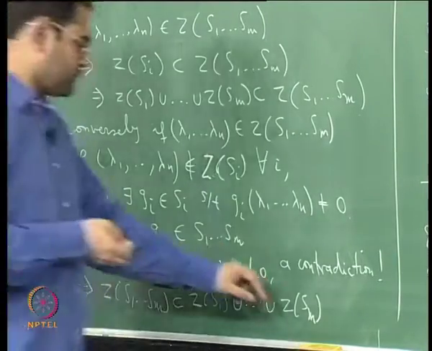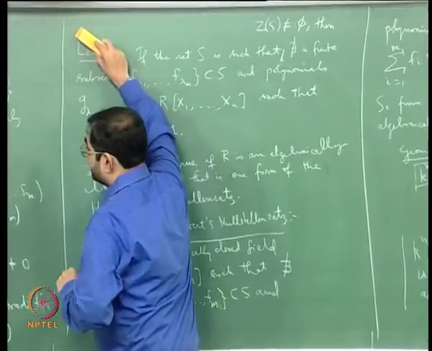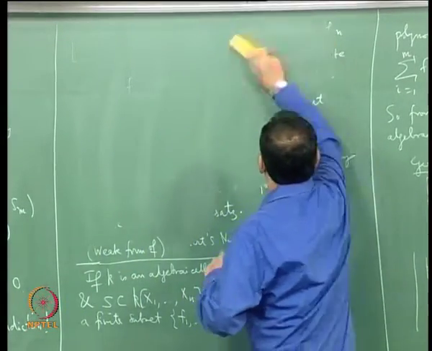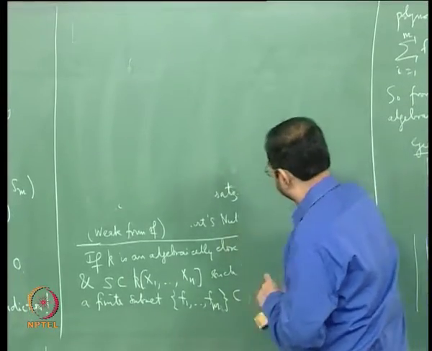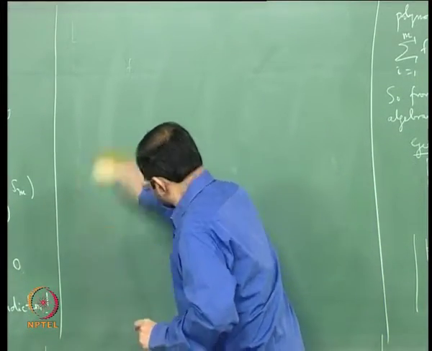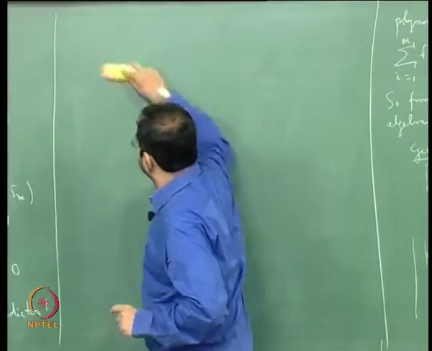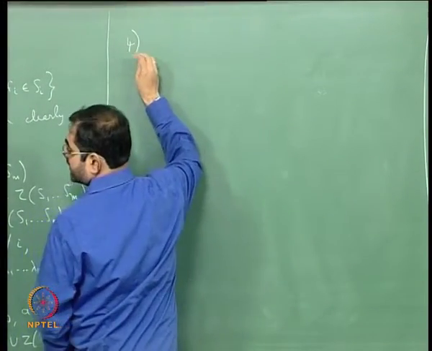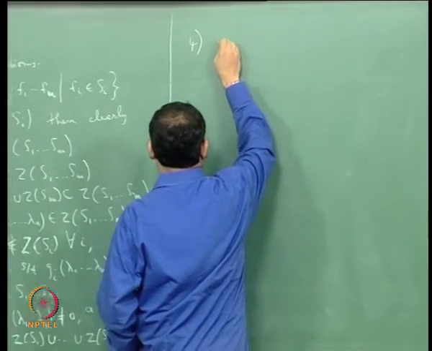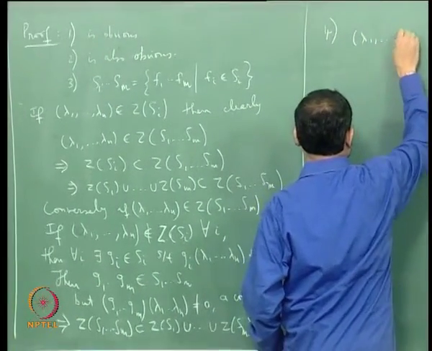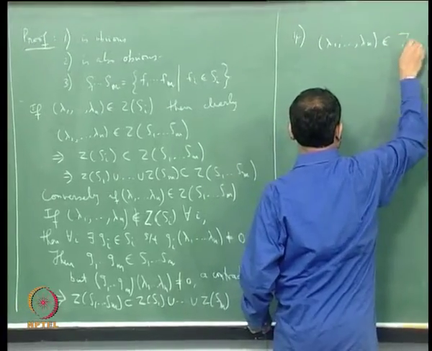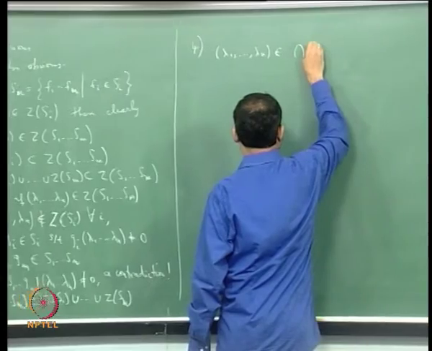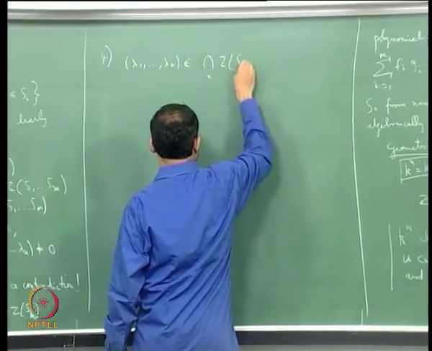And then there is only the fourth one left, which is pretty easy to see, and once we do that we have this Zariski topology on a finite space. So for the fourth one, you take a point (lambda 1, ..., lambda n) in the intersection over alpha of Z of S alpha.